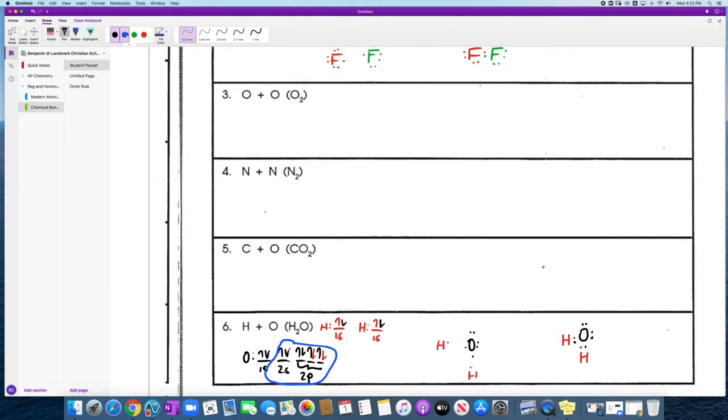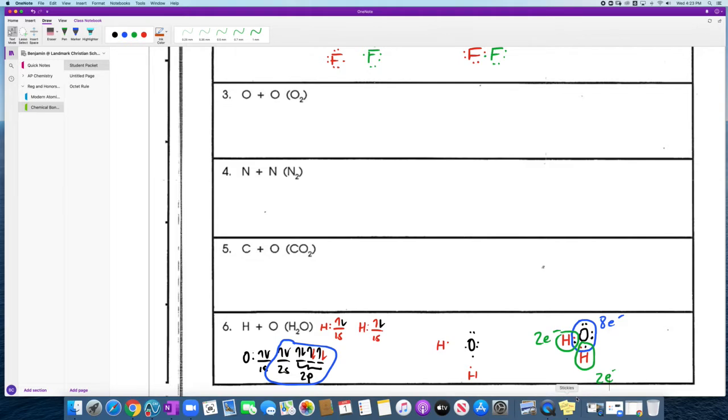Look at that. You can see that oxygen now has 8 electrons. It's an octet. And each hydrogen atom has a duet. Hydrogen follows the duet rule, and all the other nonmetals follow the octet rule.